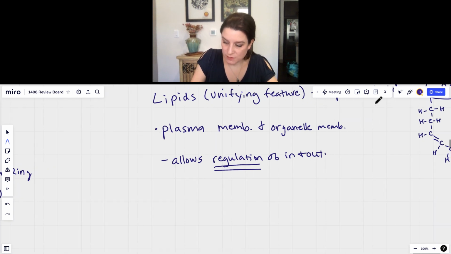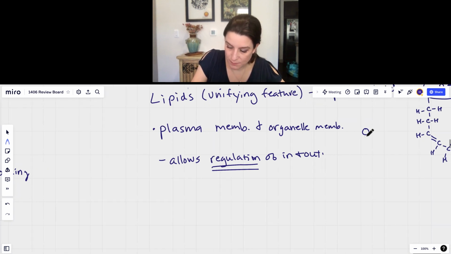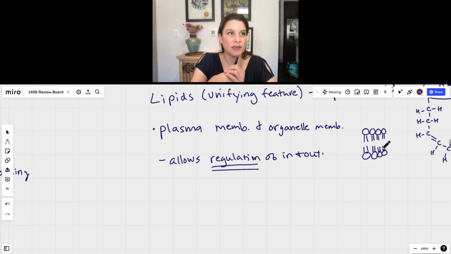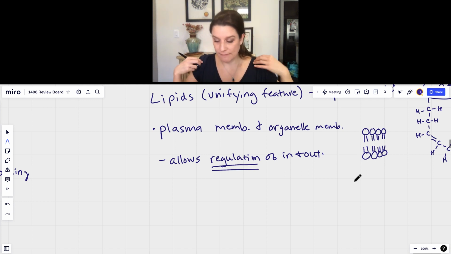So we've got the phospholipid bilayer. That's making up the cell or plasma membrane as well as the organelle membranes. So ER, both rough and smooth, Golgi, lysosomes, mitochondria, chloroplast, peroxisome, all those are membrane-bound organelles. The nuclear envelope is also membrane-bound in eukaryotes. All these would be in eukaryotes. Plasma membrane is in prokaryotes as well.